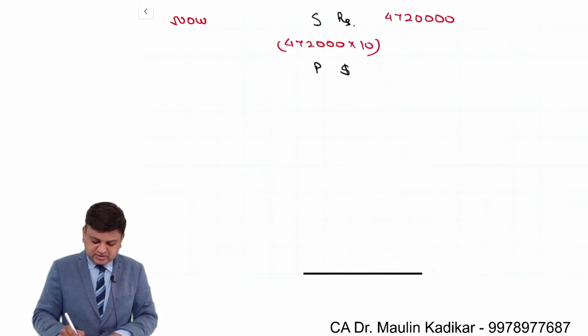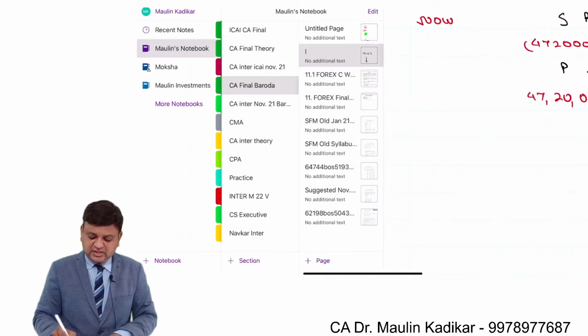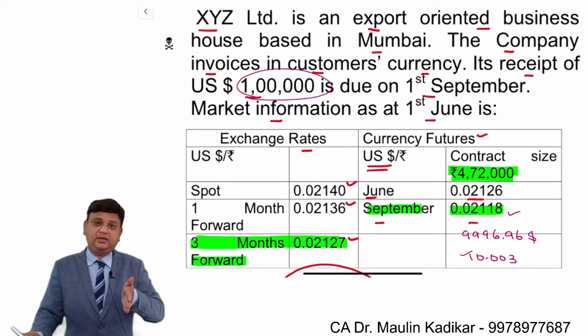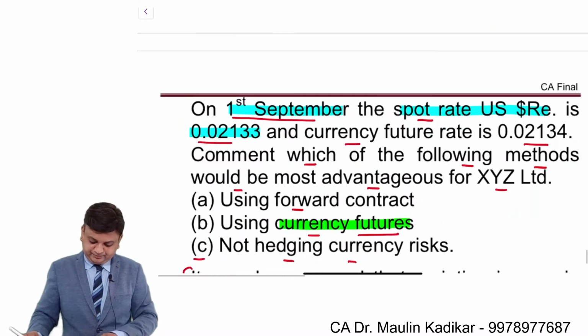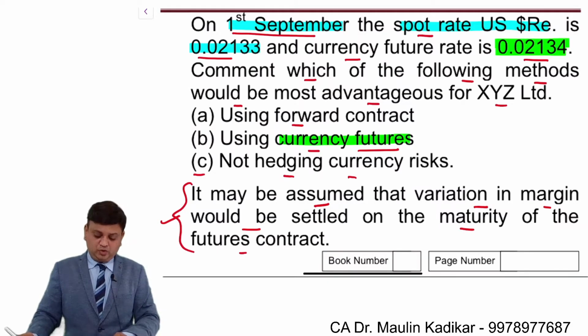Now purchase dollar is 47,20,000 into the exchange rate prevailing on 1st of September for the month of September. And the currency futures rate is provided thus: 0.02134.